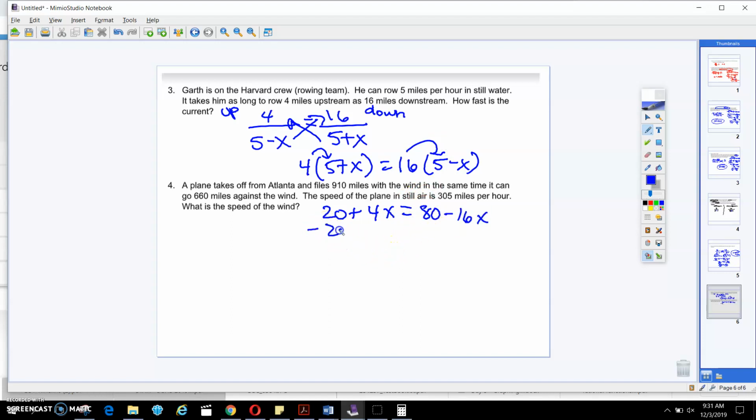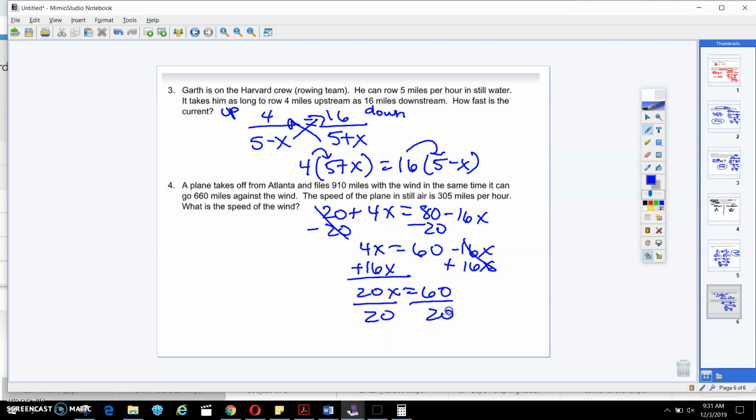I'm going to solve, so I'm going to subtract 20 from both sides. That's going to give me 4x equals 60 minus 16x. We're going to add 16x to both sides. That's going to give us 20x equals 60. Divide by 20 on both sides. X is going to equal 3.